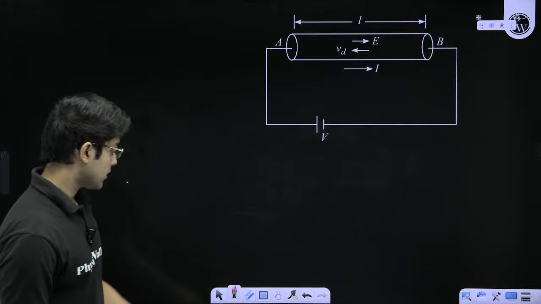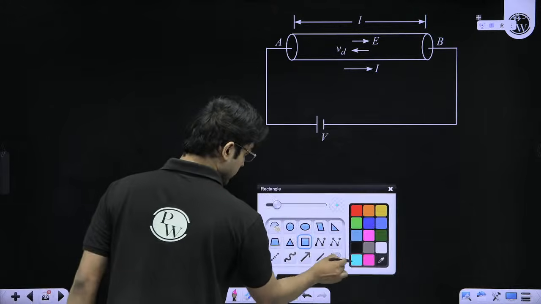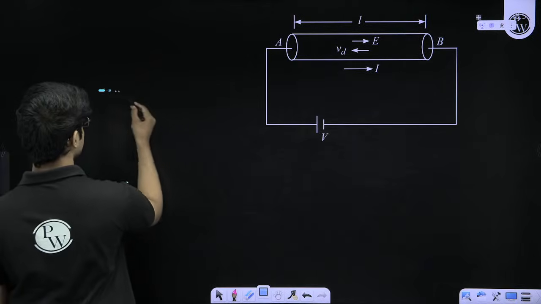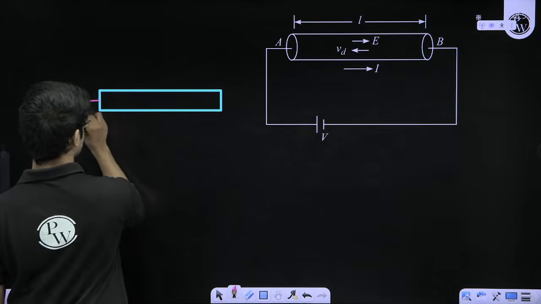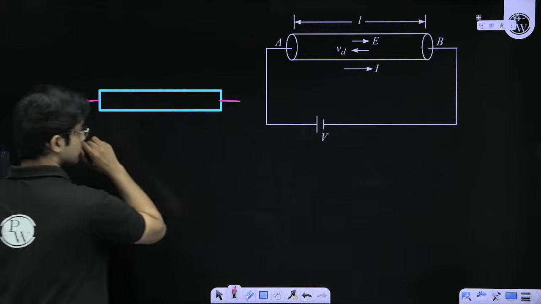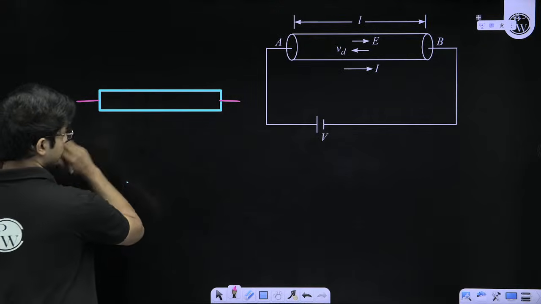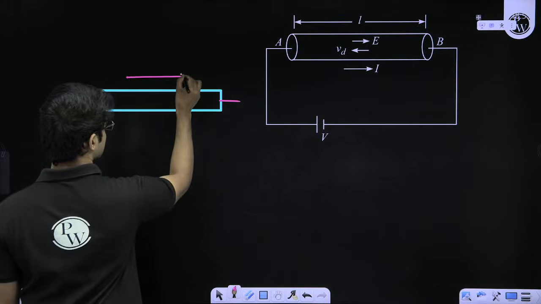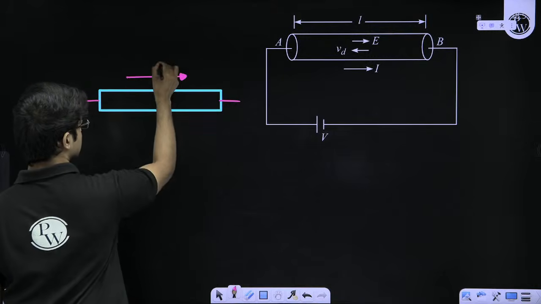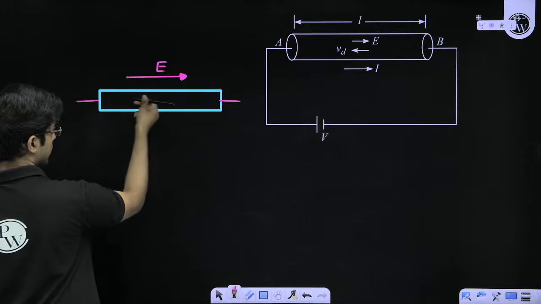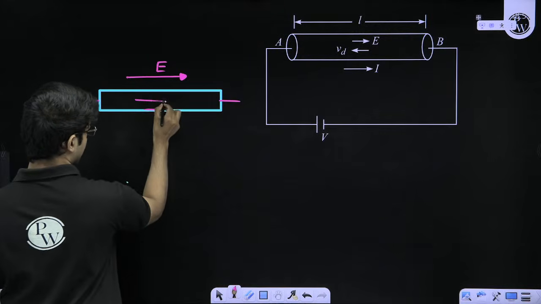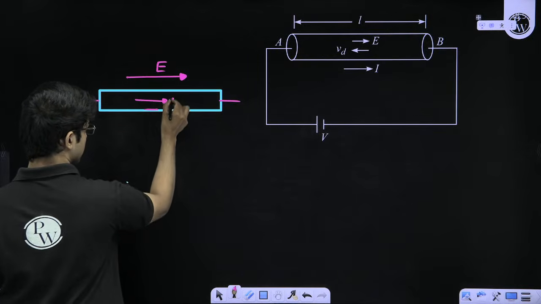So why are we applying a battery here? We discussed that in order for the electrons to drift, we need to apply an electric field. When you apply an electric field, the electrons will start drifting to the left, and we will get a current to the right.